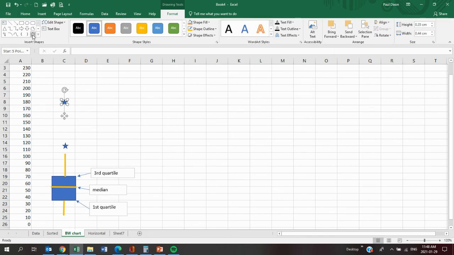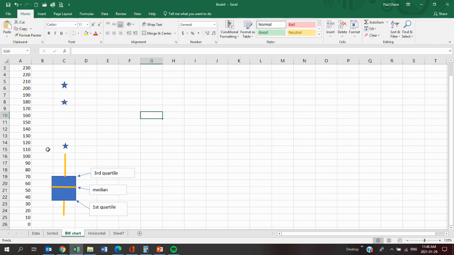And I've got another one sitting way up at 200,000. So those are my outliers. These ones up here are outlier values. I should be focusing my attention here, not being too distracted by these ones way up at the top there. That's my box and whisker diagram.